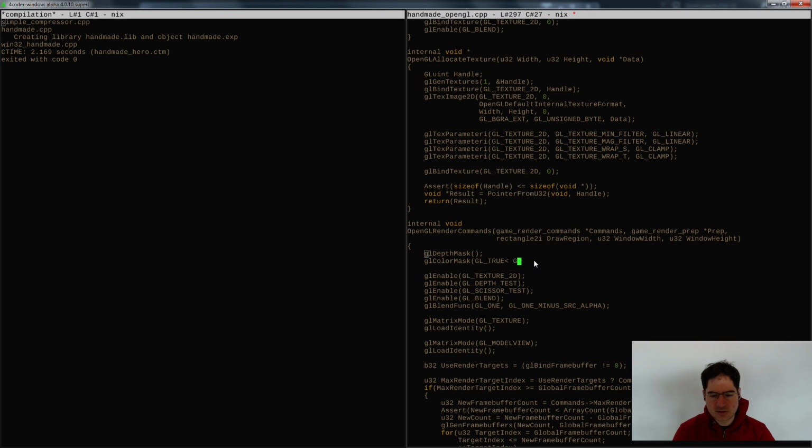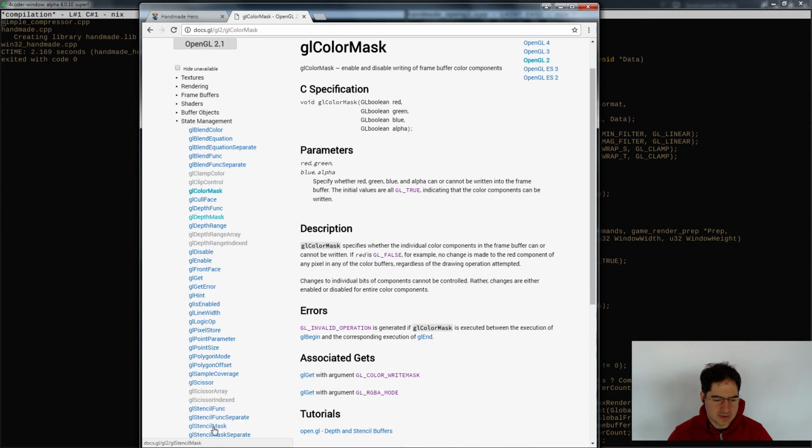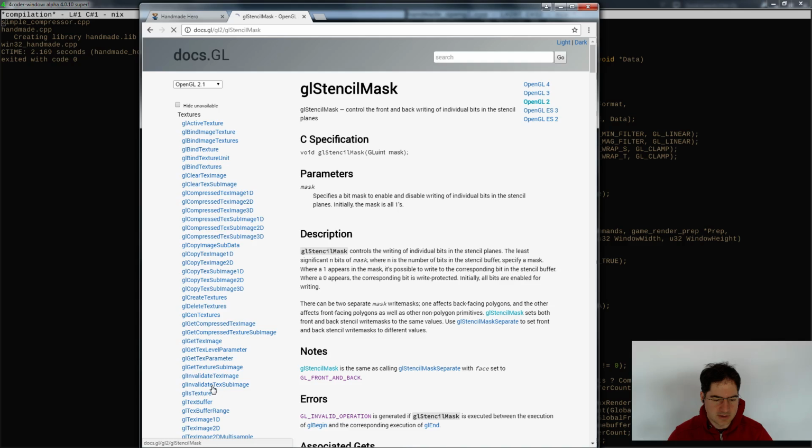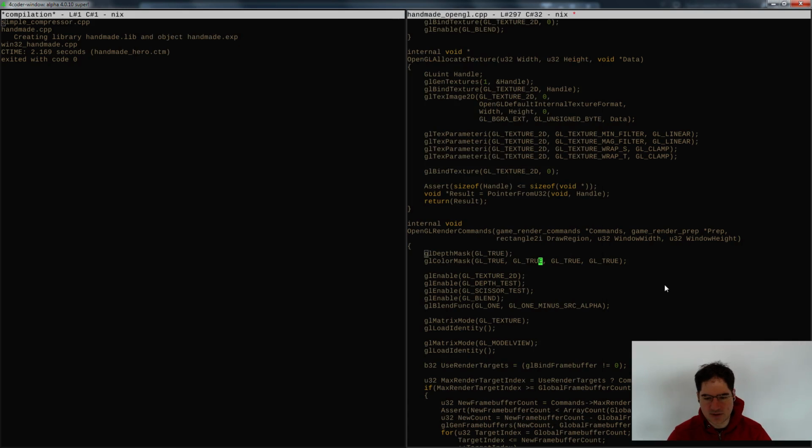So if you imagine the default state, we don't have to set these, but the default state looks like this, I believe, which is that every channel gets written to. Depth, red, green, blue, and alpha are all the things we can write to except for stencil, which we haven't really done anything with, but you can see that one down here as well. We don't need that at the moment. So all the things that we're writing to would be enabled in this case.